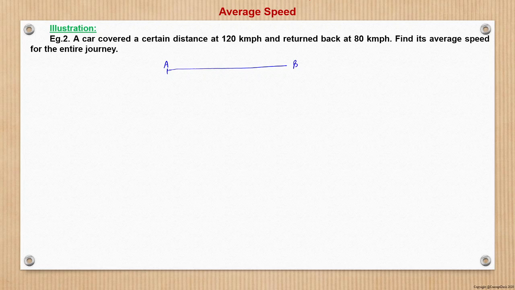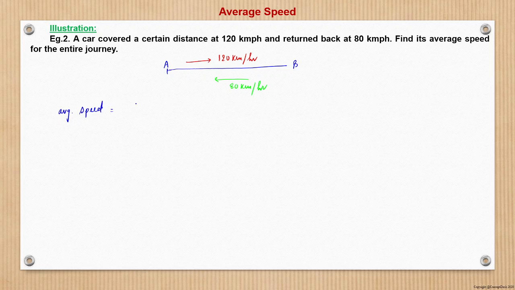So the car goes this way at 120 kilometer per hour, and then the car returns back at 80 kilometer per hour. But in both the forward and the backward journey, the car covers the same distance, right? The car covers the same distance. So we have to find the average speed.